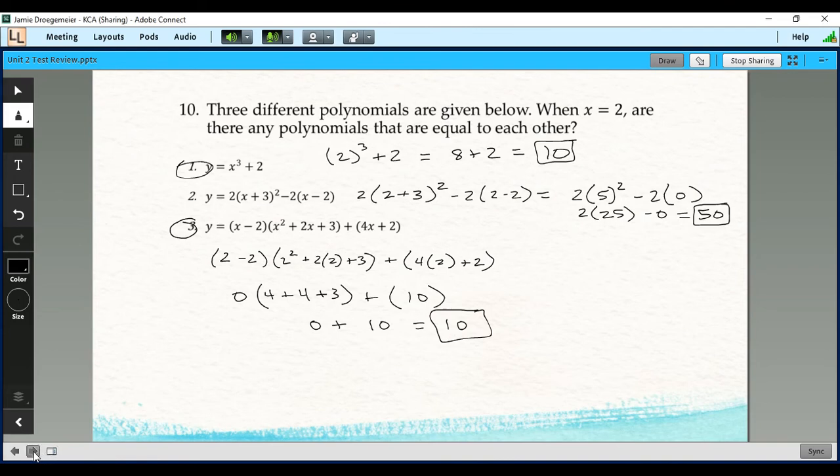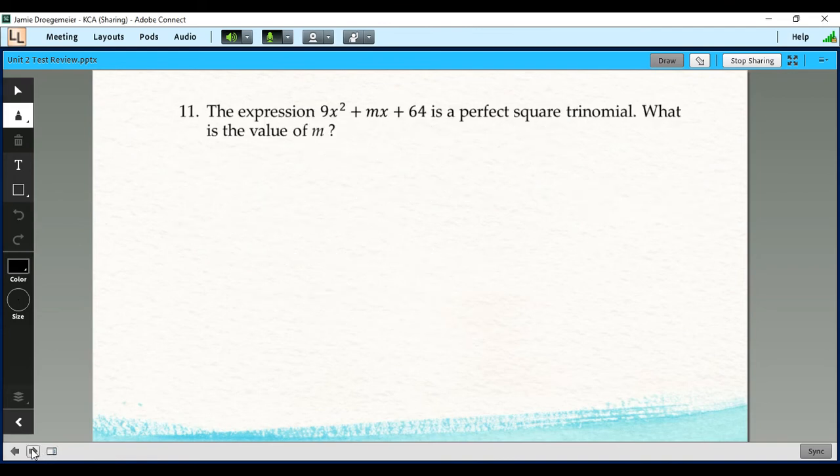All right, a few more here. Number 11. This expression, 9x squared plus mx plus 64 is a perfect square trinomial. So what is the value of m?